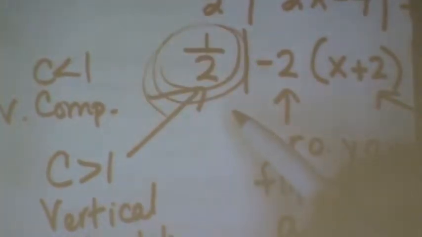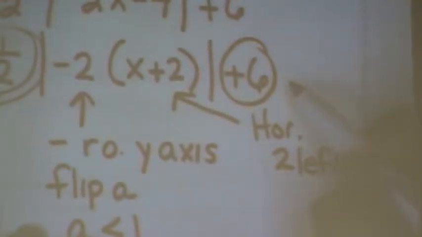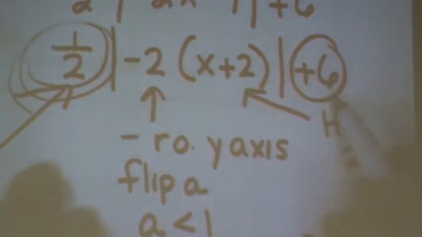If C is less than 1, it's a vertical compression. It'll flatten your graph. So you take your Y value now and multiply it by that number. And the last thing is a vertical shift up or down, and you just add that to the Y value of whatever you got. So you're going to add 6 units to the Y value.